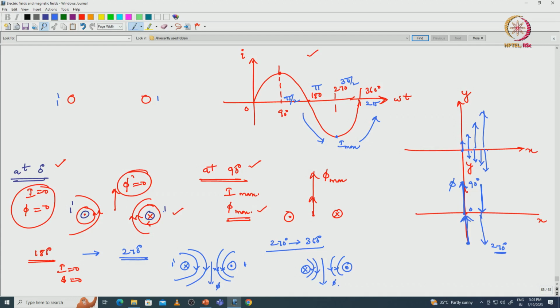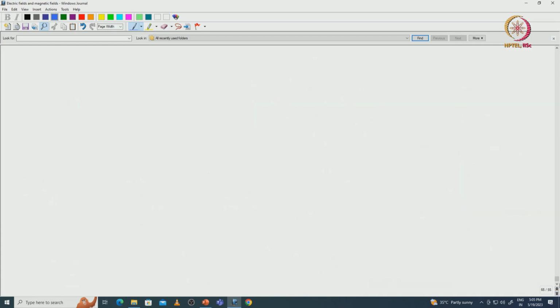So at the end, if we see the resultant flux vector, it is starting from 0, and at 90 degrees it reached the maximum because the current is maximum. Okay.